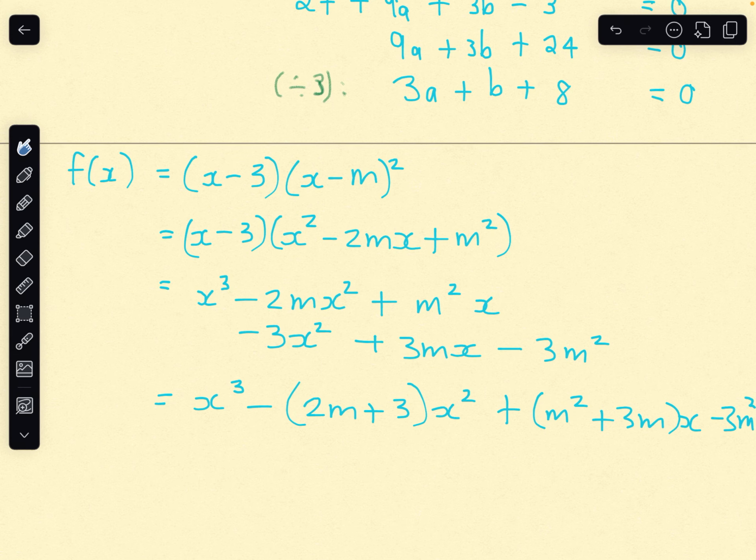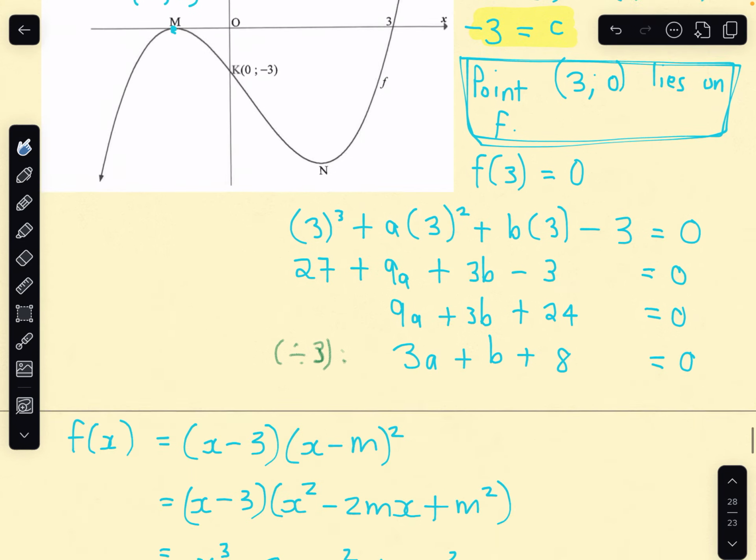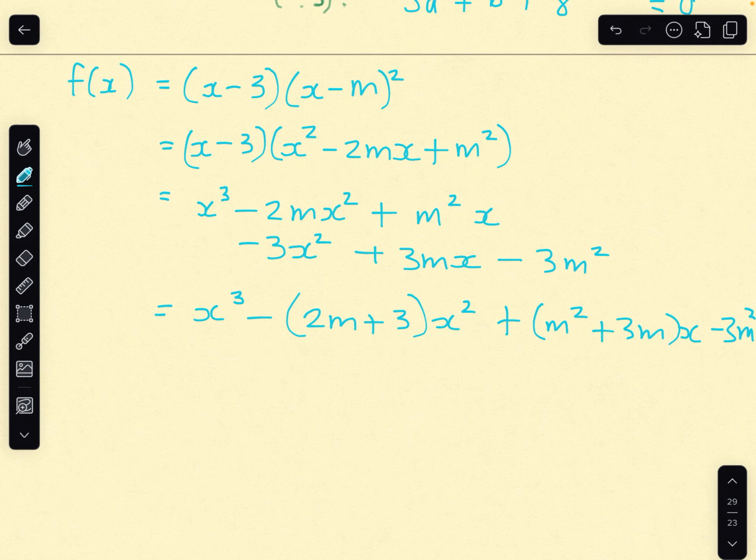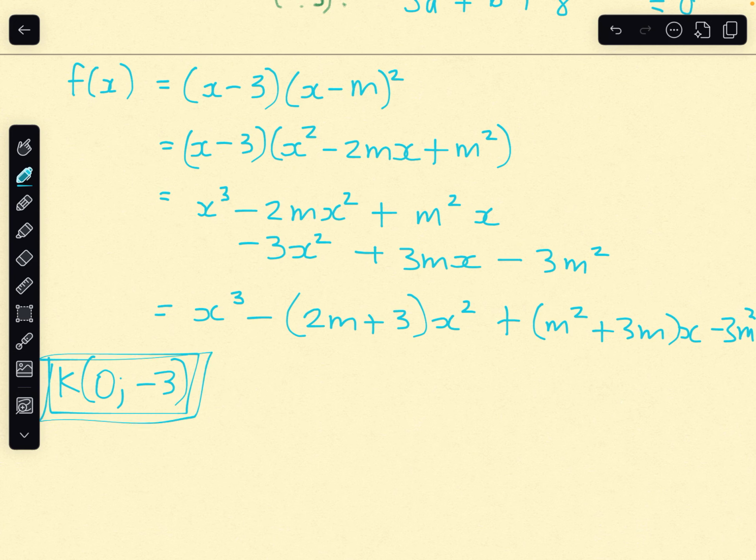So now, if we put the same two clues in that we got over here, right? We know that (0, minus 3) is on this curve. Okay, so f of 0 is equal to minus 3.